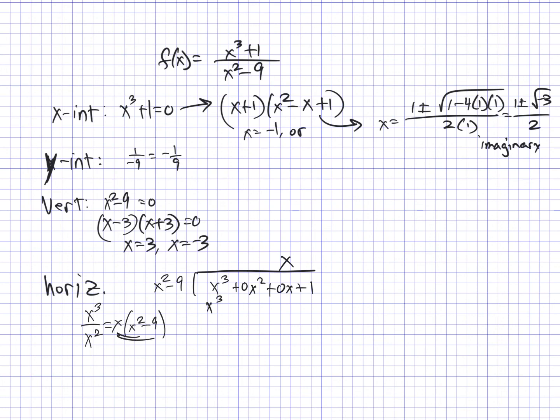You get x cubed minus 9x. And then when we subtract, that gives us a positive 9x. And then again, 9x over the first. And that doesn't work, right? So plus 0.